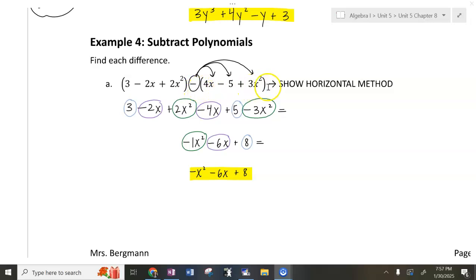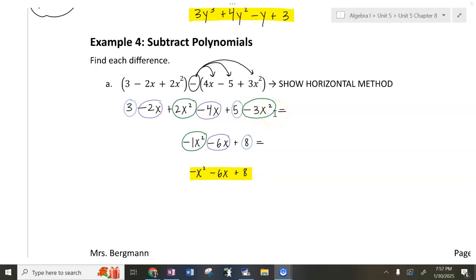So when you have that parentheses, it's saying you have to subtract the entire thing. So one way that you can do this is to distribute the negative sign as if it's a negative 1. So when you distribute the negative, you think, okay, what's negative 1 times 4? That makes negative 4. Negative 1 times negative 5 makes positive 5. Negative 1 times positive 3x squared would make negative 3x squared.